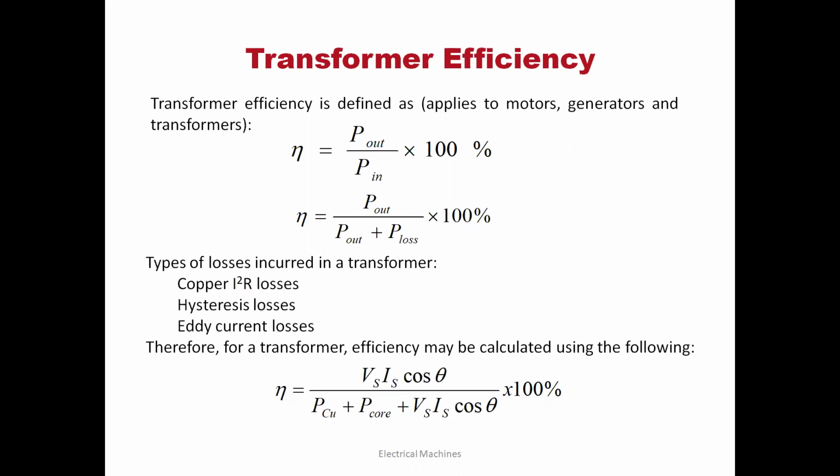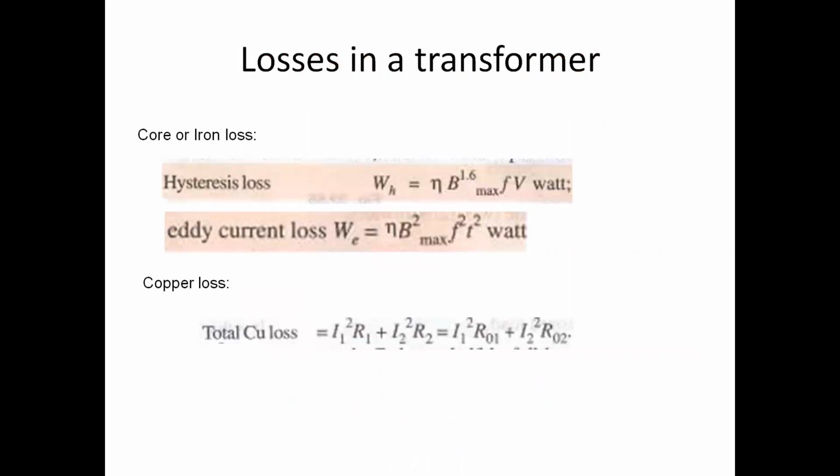There is a copper loss, I square R loss due to primary and secondary winding resistance, and there is a core loss that consists of hysteresis and eddy current loss. Please note down, this question was asked earlier in ETO: different types of losses in a transformer. Hysteresis and eddy current are iron loss or core loss. Copper losses are due to winding resistance.